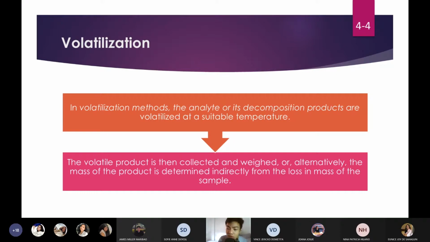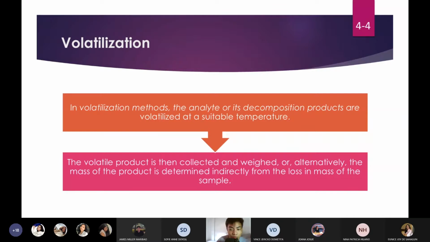Gagawin mo, you will combust the glucose, and then the molecules of carbon, hydrogen, and oxygen will be trapped using special containers. Pakita ko kung paano. Kapag nag-combust ka ng material, may magta-trap ng mga gases na yon. For example, carbon dioxide, may matatrap yon doon sa container na yon. And then, you can determine the mass change.